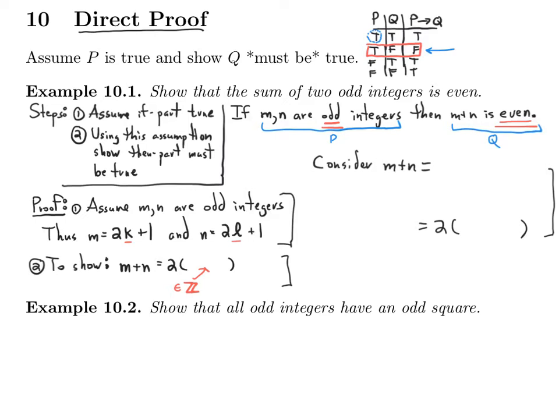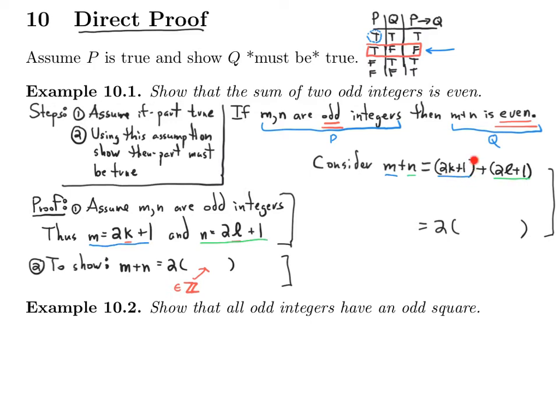So I know m is 2k plus 1, so I'm going to replace m with 2k plus 1. Just to remind you guys, I'm going to highlight that here. There's my m. And then my n is 2l plus 1. And that's that.